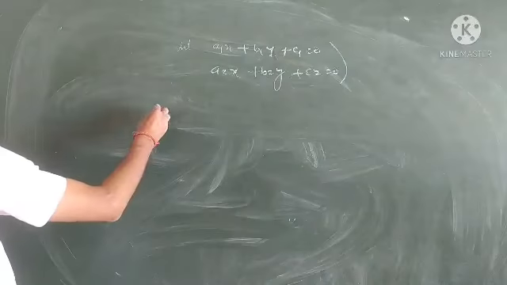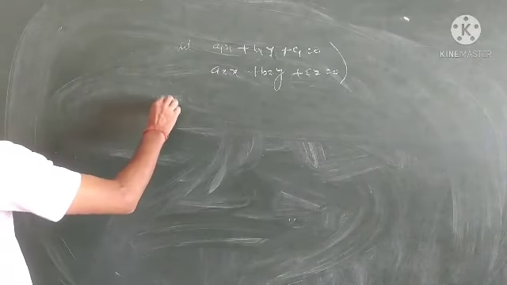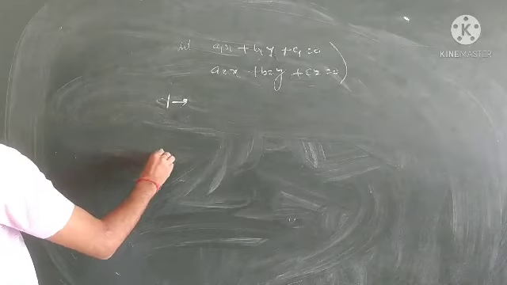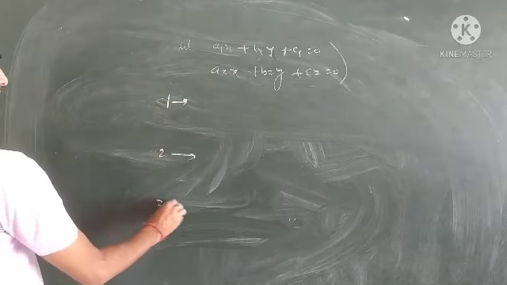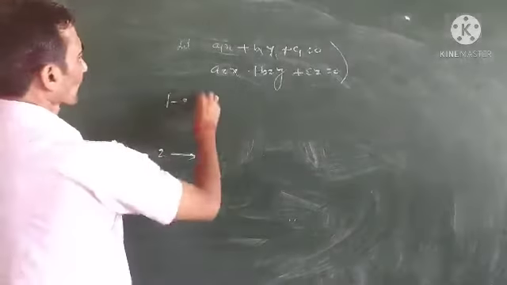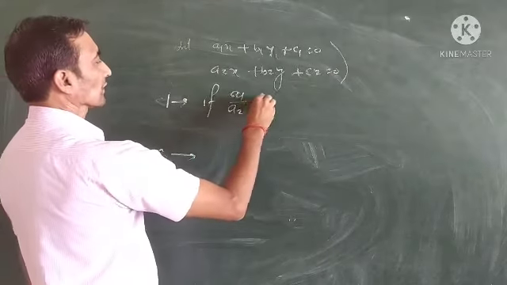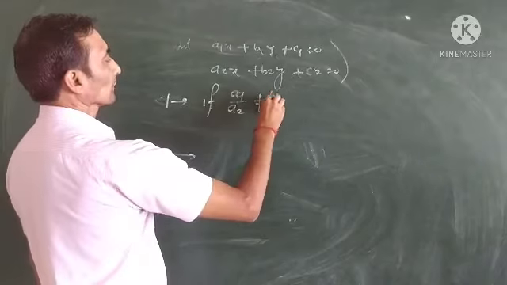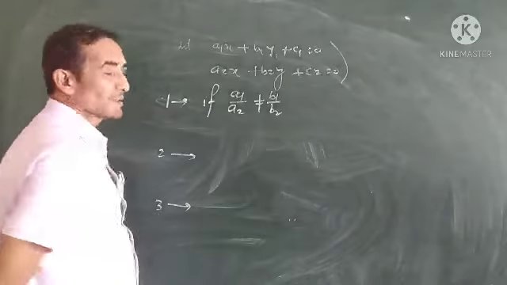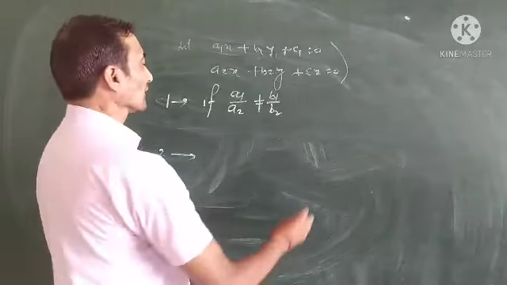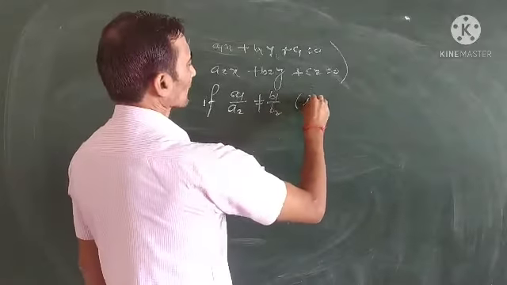So there are three conditions: first, second and third. If a1/a2 is not equal to b1/b2, then the representing straight lines will be intersecting.